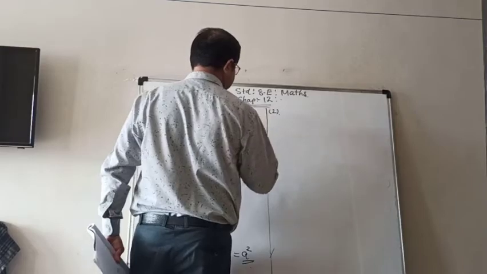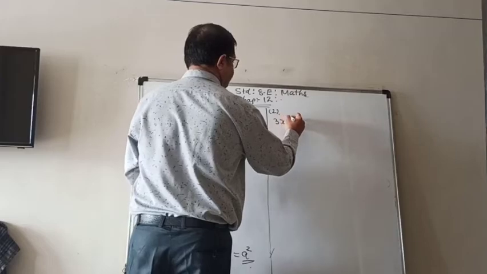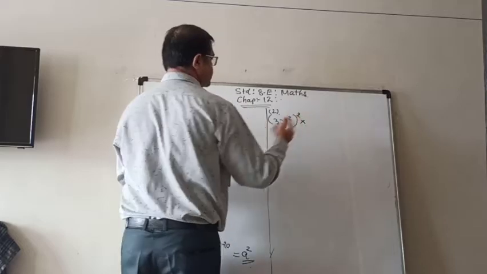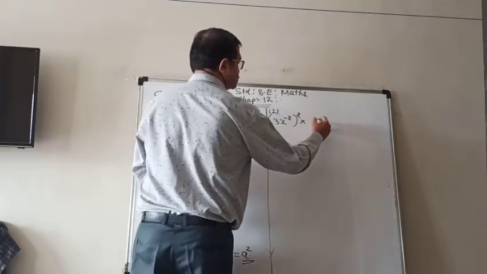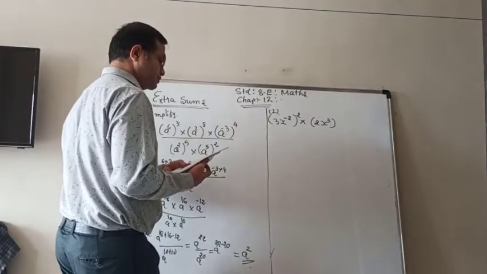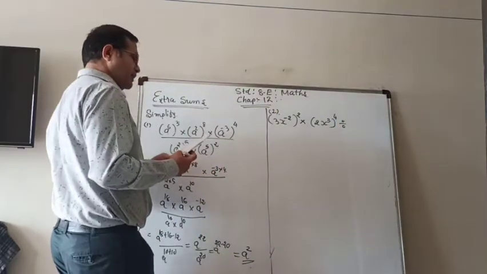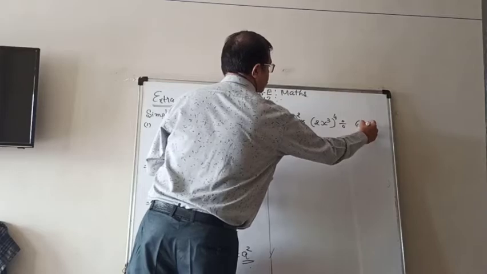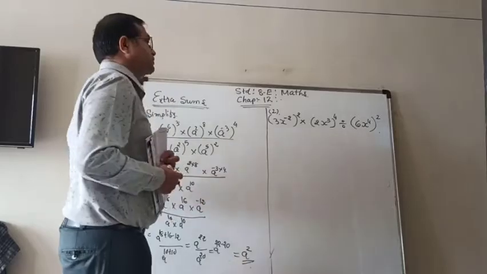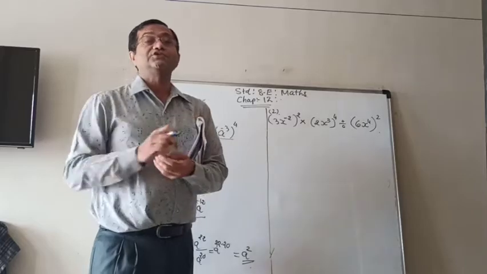Not much difficult, but different. 3x raised to minus 2, and the whole bracket has power 2, multiplied by 2x cube and power 4, divided by 6 x raised to 4 and power 2. Here so many rules we are going to use. So be careful.